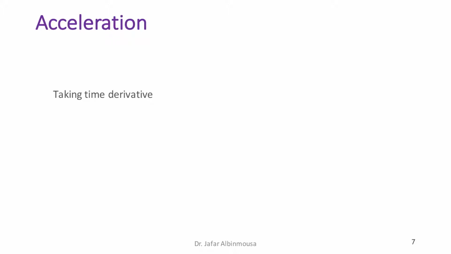So let me remind you that the velocity VB is equal to velocity VA plus omega cross RB with respect to A plus VB with respect to A, x, y, and z.